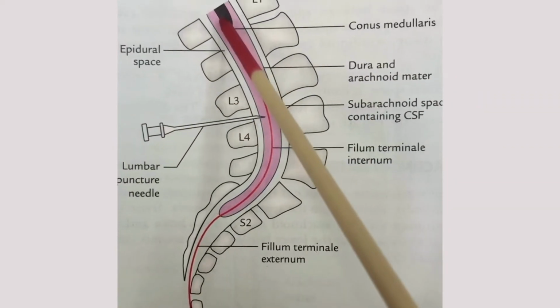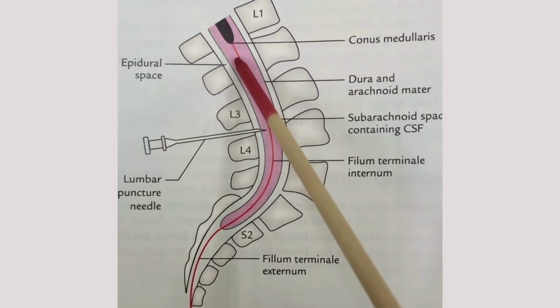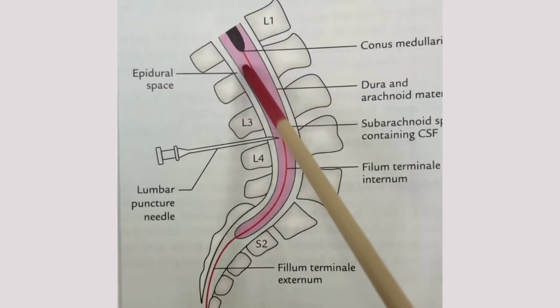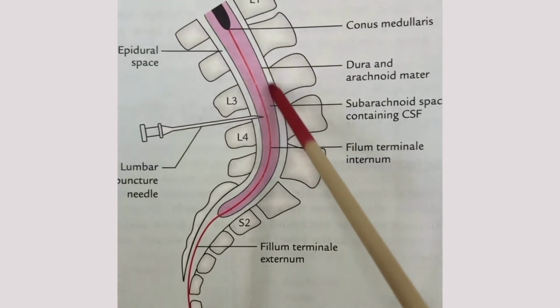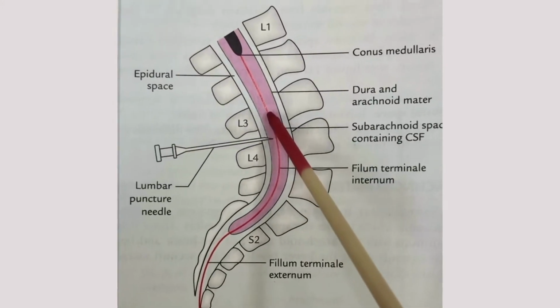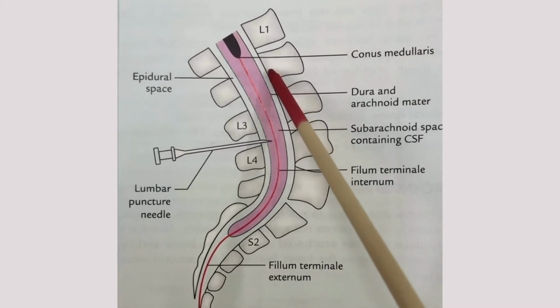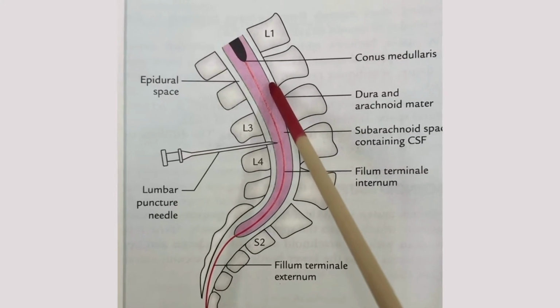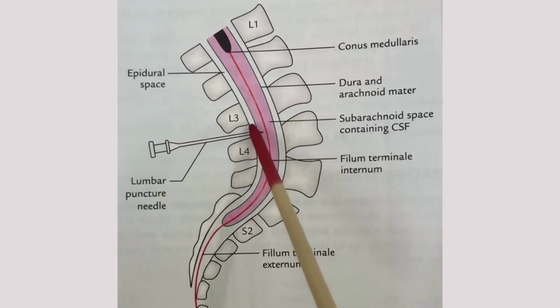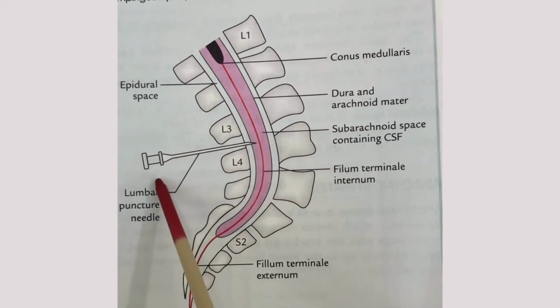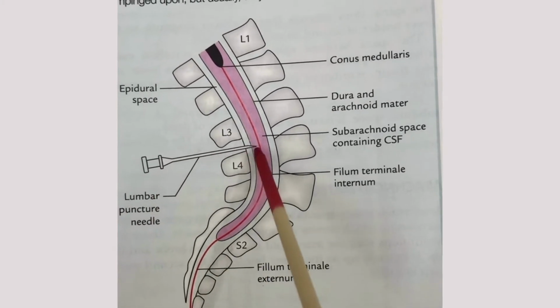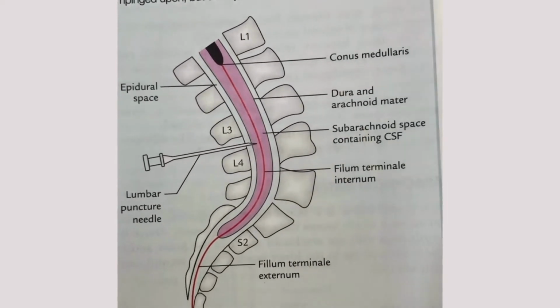But distal to the termination of the spinal cord, that is the conus medullaris, the subarachnoid space becomes much roomier as compared to the rest of the subarachnoid space, and it forms a lumbar cistern. Collection of the cerebrospinal fluid from the disc between L3 and L4 is known as lumbar puncture, where the CSF is collected from the lumbar cistern.